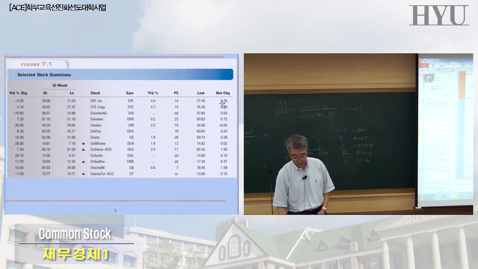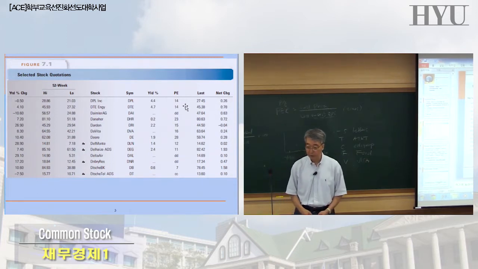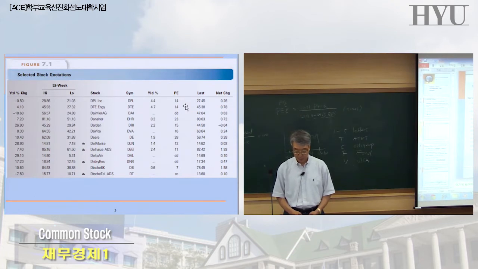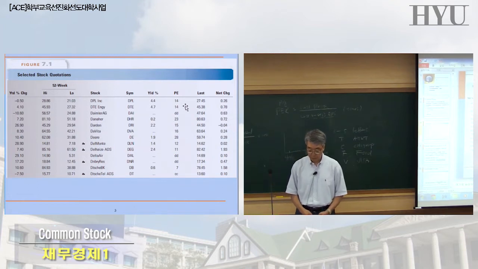That means compared to the previous day, this price, $27.45, is 26 cents higher. So you can figure out what the previous closing price was, right? It was $27.19, right? $27.45 minus 26 cents.